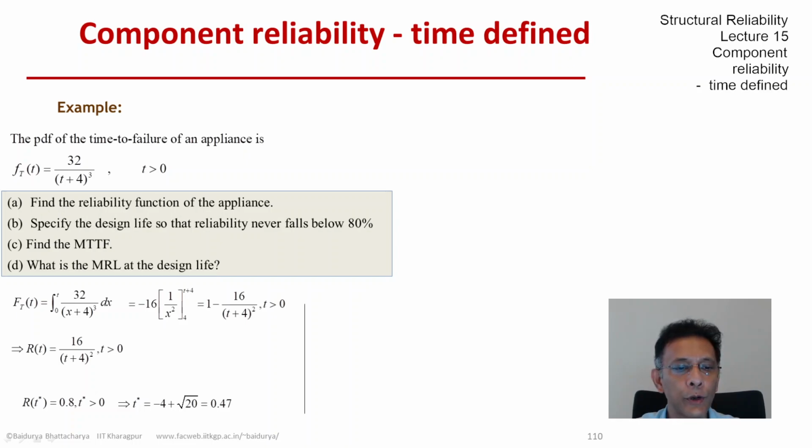At 0.47, we will find out the mean residual life, but let's first find the mean time to failure, the unconditional mean. By definition, we'll use the area under the reliability curve. That's convenient, and if we complete the integration, we get an answer of 4 units of time.